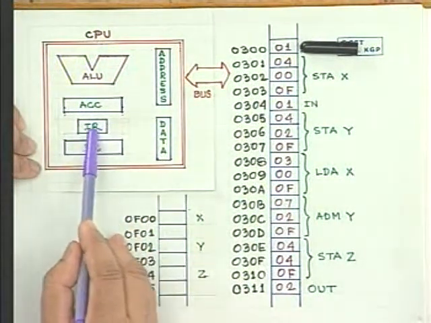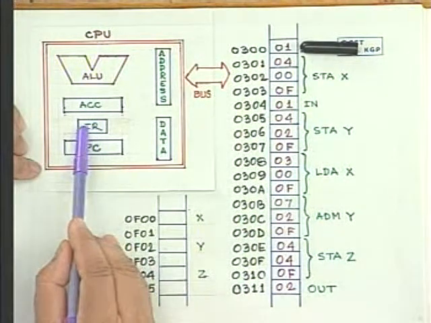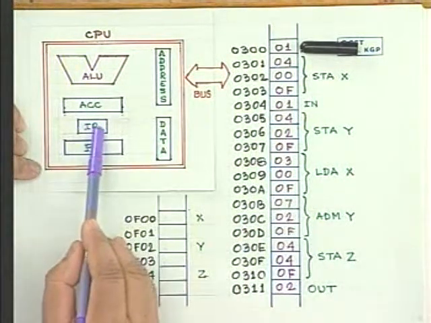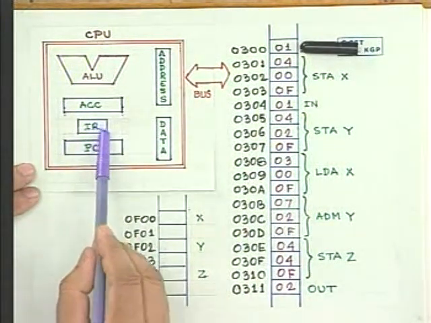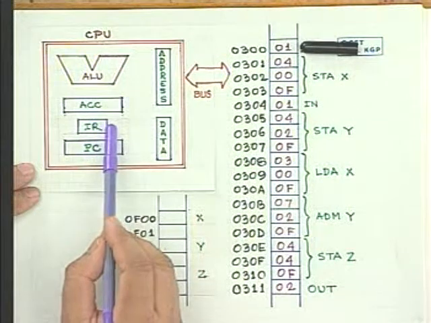That instruction register therefore contains the instruction that is being executed currently. Therefore 01 is here. The content of this instruction register is now decoded.